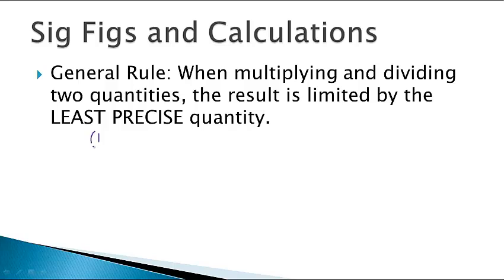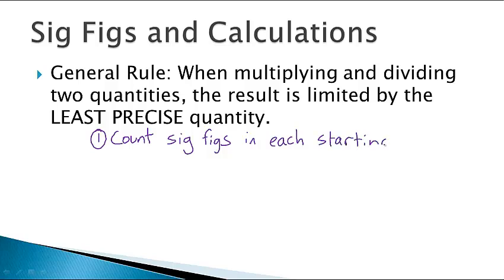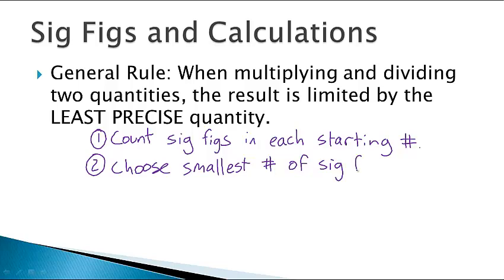So what you're going to do is count sig figs in each starting number. Choose the smaller number of sig figs, and only keep that many. You're going to round your answer to that number of sig figs.